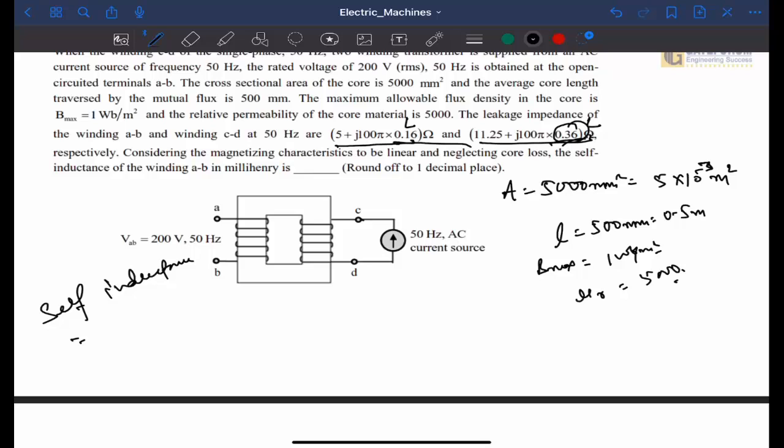It will be winding inductance plus leakage inductance. This is the only concept in these questions.